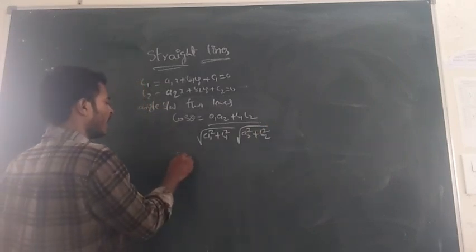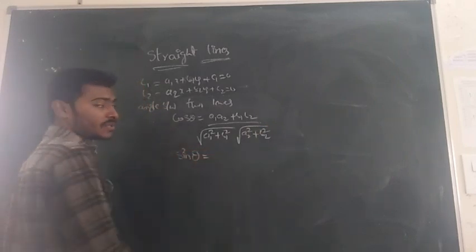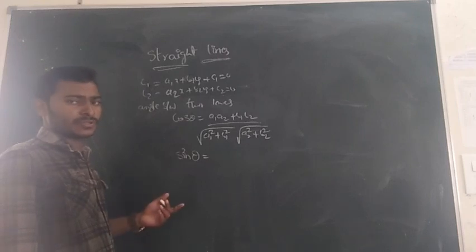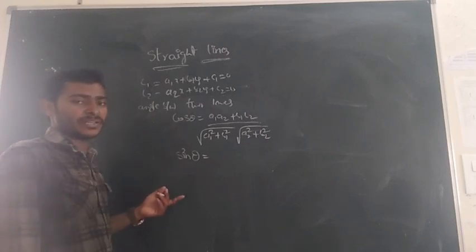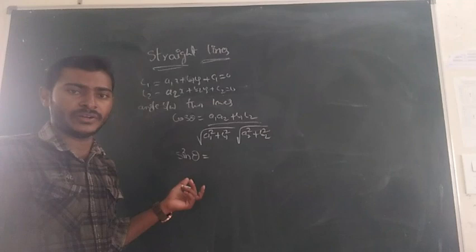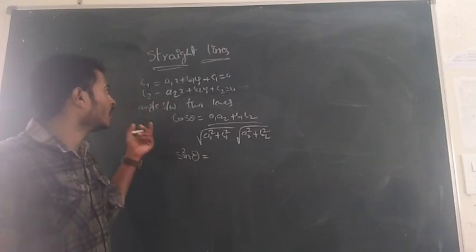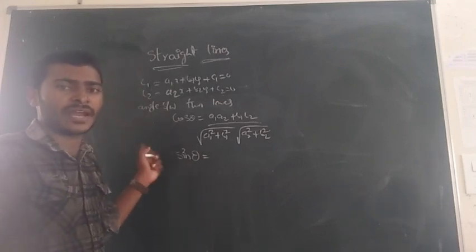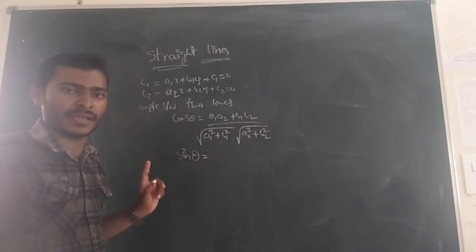Now after getting cos theta, we may need sin theta. From an examination point of view, mains or MCET, they give two straight lines and ask to find the angle through sin theta or tan theta.